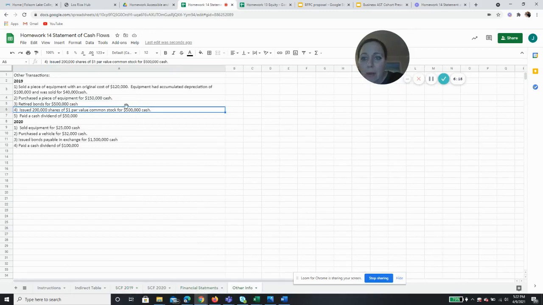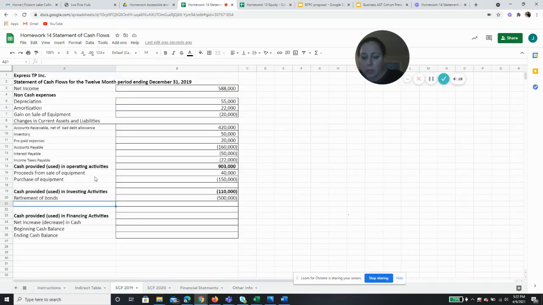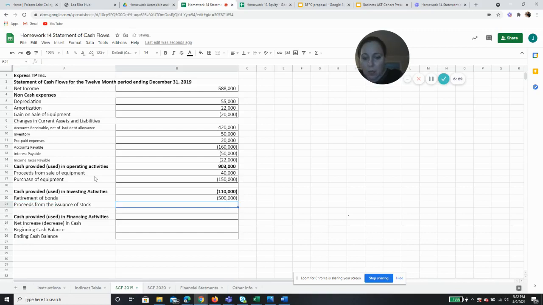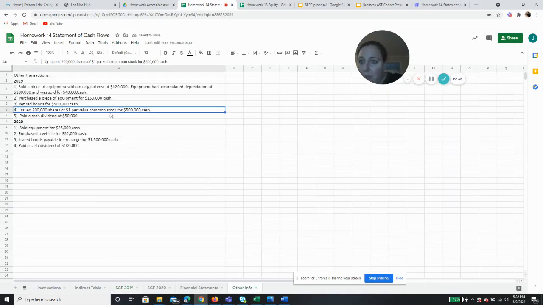The only thing we care about for our statement of cash flows is that 500,000 cash. So proceeds from the issuance of stock, and that was 500,000, I think. I'll double check. It was 500,000.